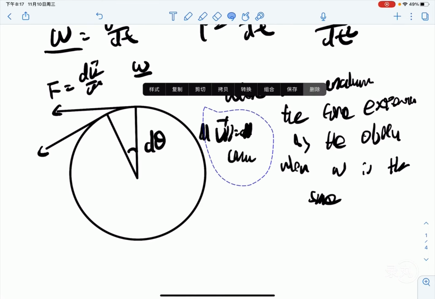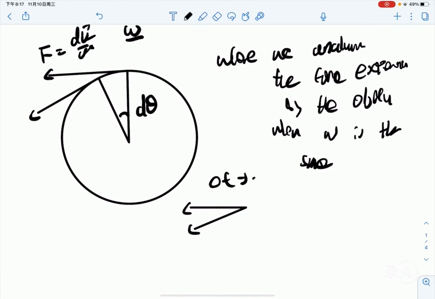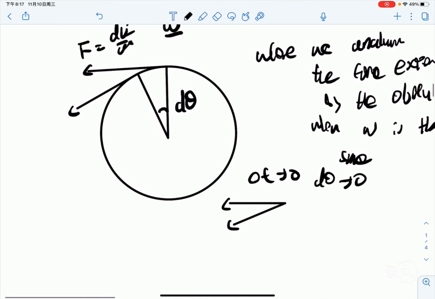If we put the vectors in the triangle, we can see that when delta t approaches 0, d theta is also approaching 0. And because it is perpendicular, you're just rotating this. So you can see the angle difference is the same for this, and this. So basically here is also d theta.